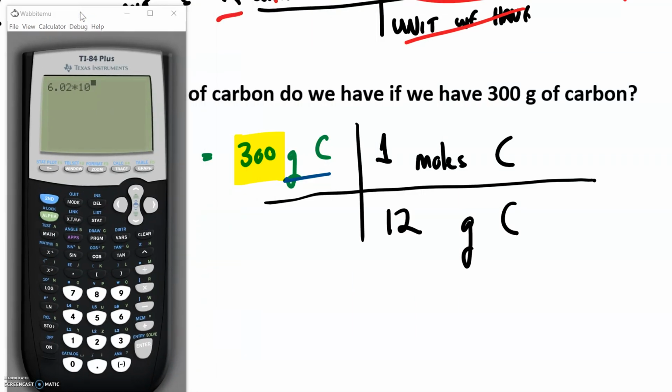We're going to multiply across the top, and we're going to divide by the bottom. So we're going to say 300 times 1, which we don't need to do, divided by 12. We're doing this all in one big shot. This is 25 moles of carbon.